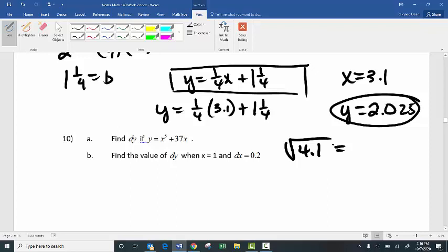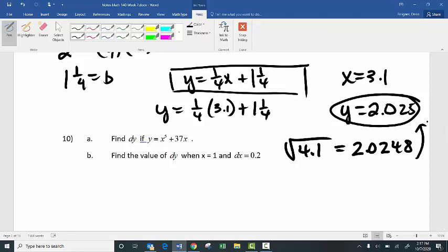You'll see that it's fairly close. It's 2.0248, and so forth and so on. So you can see the estimate is relatively close. We got really pretty close with just using a tangent line to approximate that.